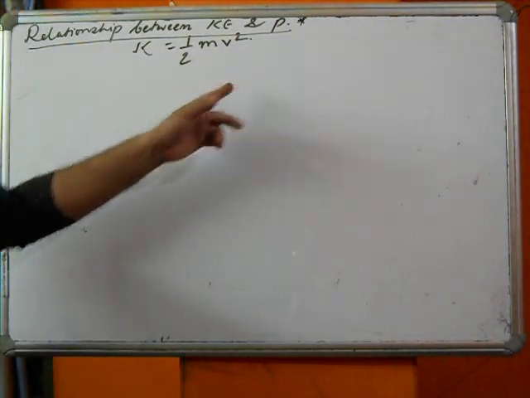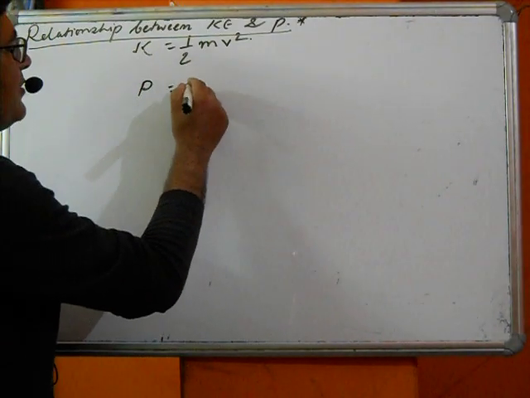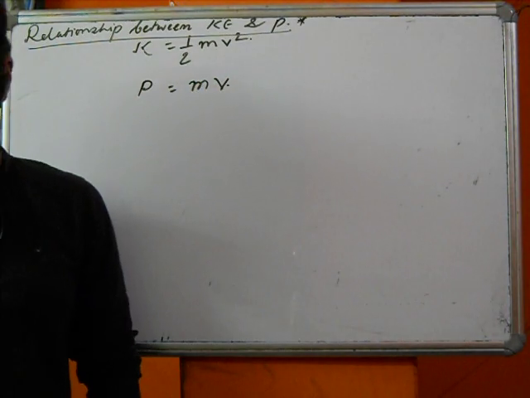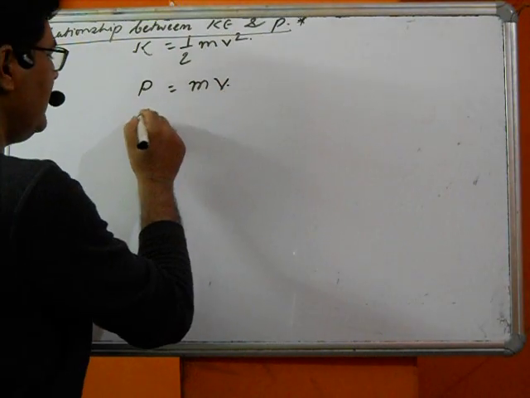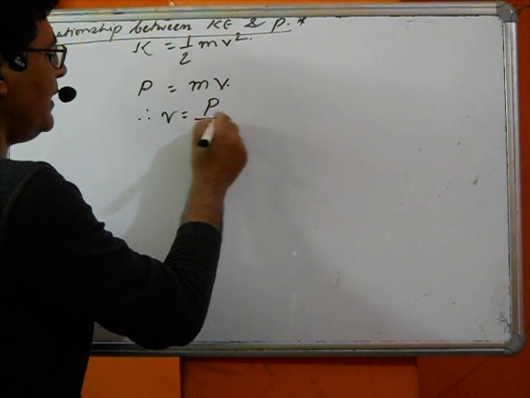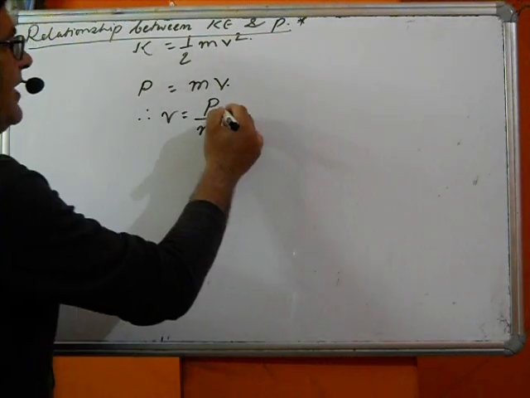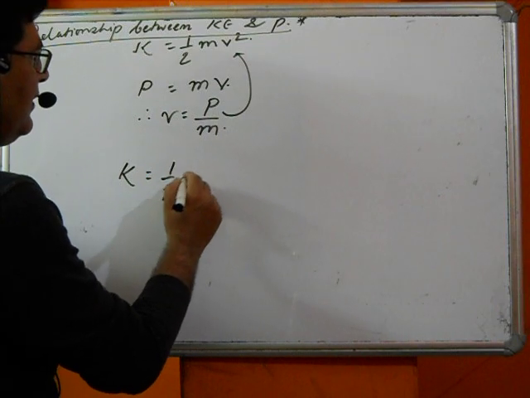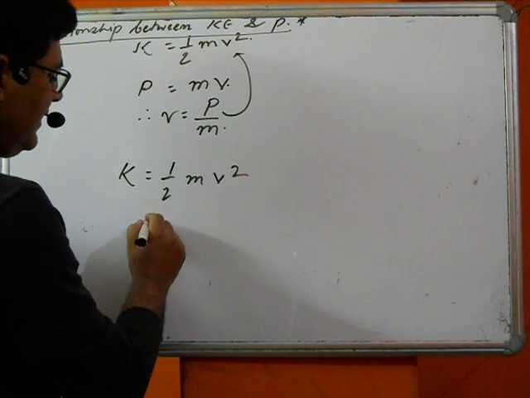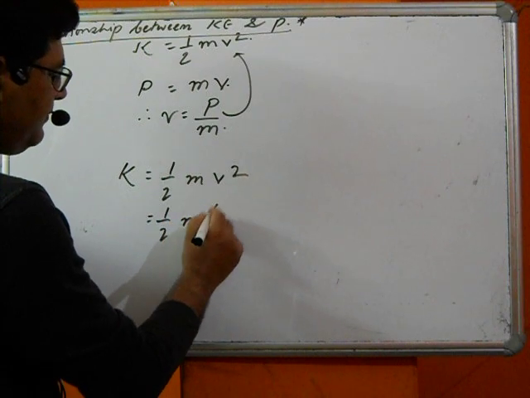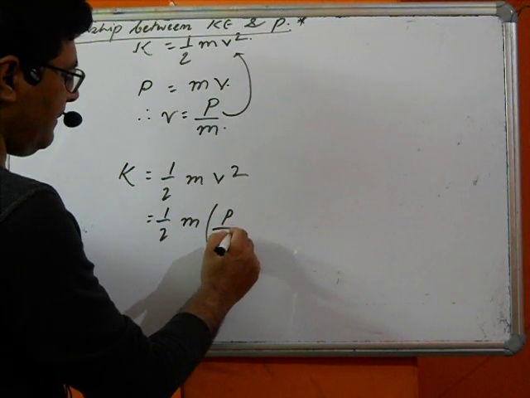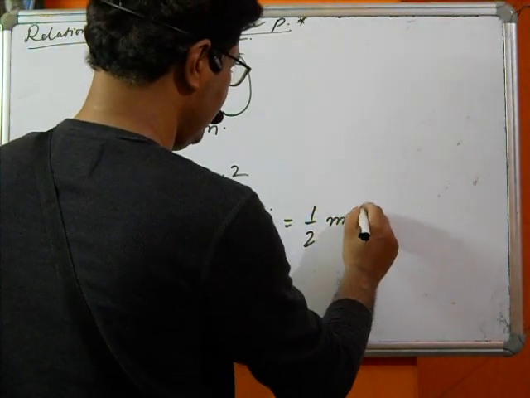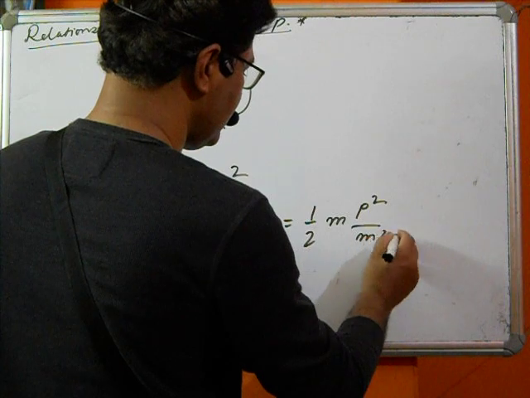So we know kinetic energy equals half mv square, whereas momentum equals m into v. Therefore, v will be p by m. If I replace it over here, kinetic energy equals half m v square, that is half m (p by m) whole square, that comes to half m p square by m square.